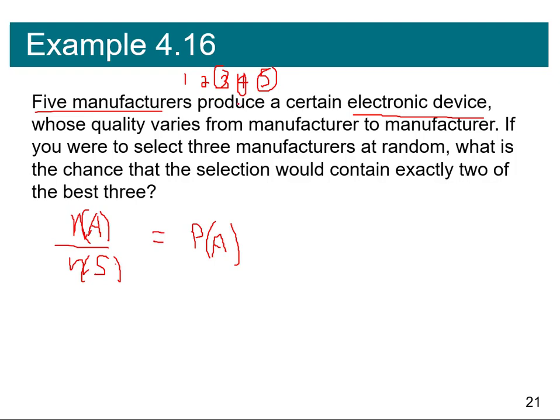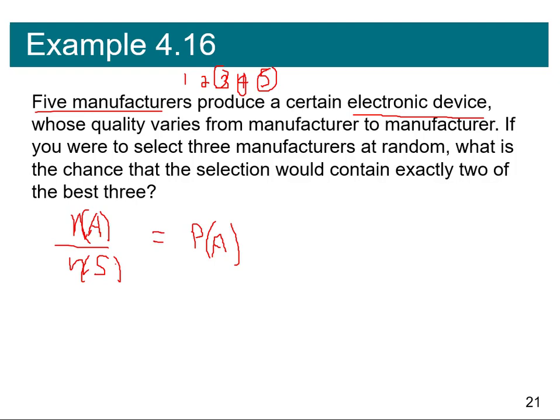So here I've chosen 3, and does my selection contain exactly 2 of the best 3? So the best 3 are obviously the first, second, and third, and my selection was this one, and this one, so my selection does not contain 2 of the best 3.